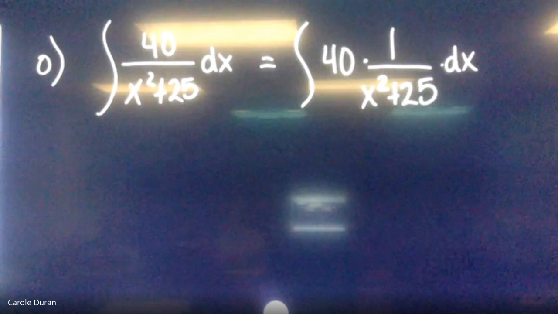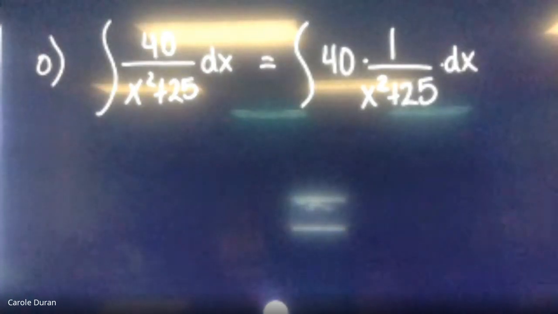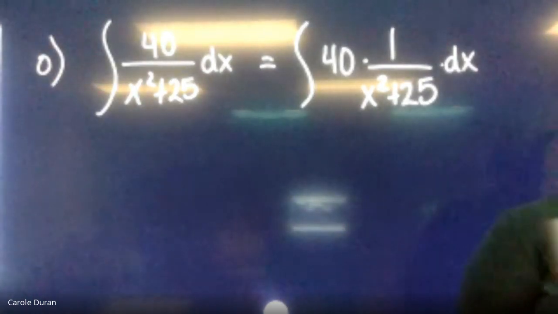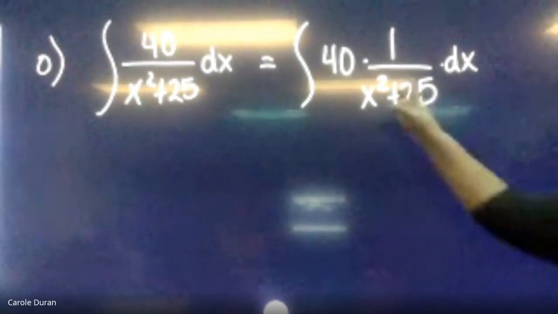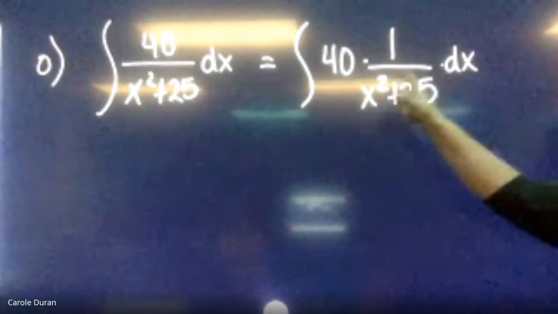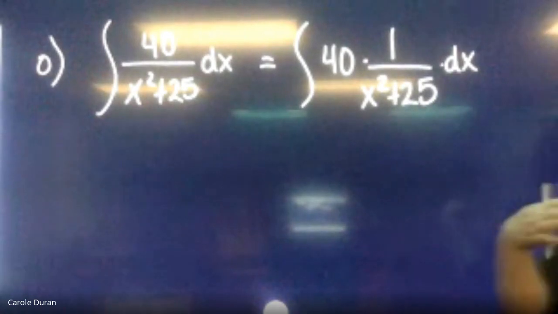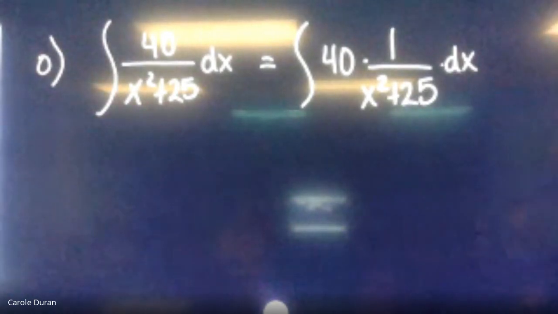Is that the one that looks the closest to what I currently have up here? Yes. The only difference is that I'm doing x squared plus 25, not x squared plus 1. So I used the tangent one. Nope, that's actually a huge issue.